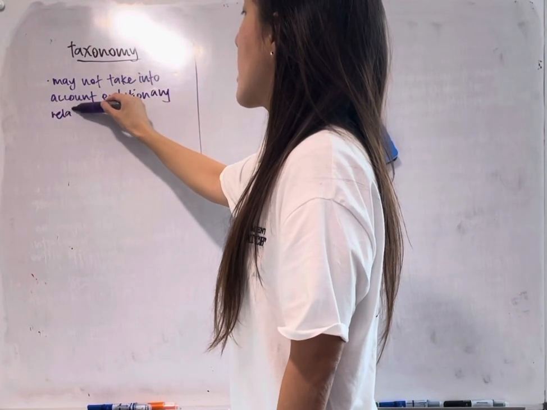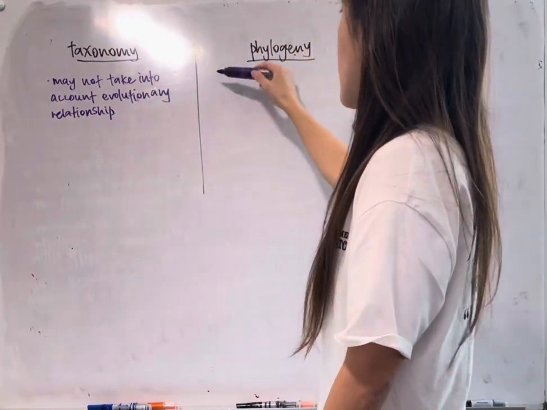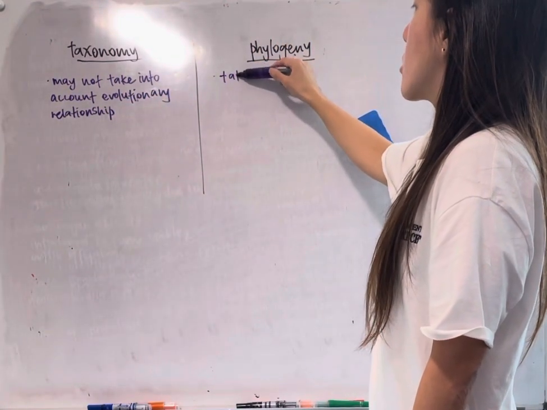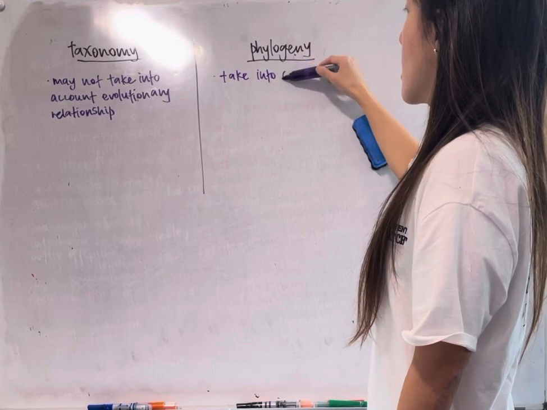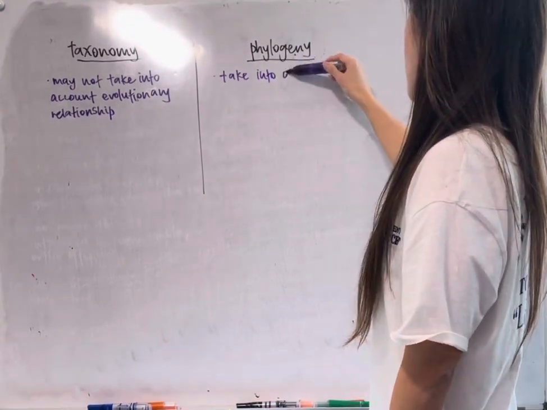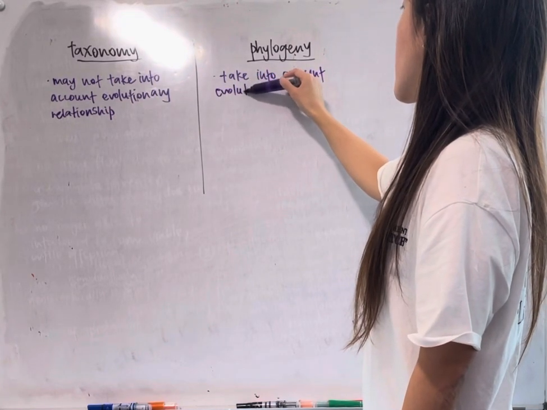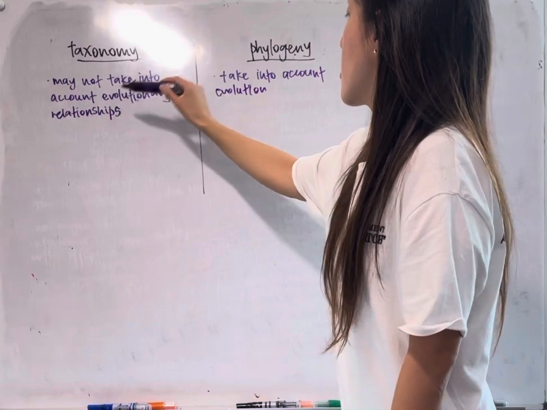That means they may not consider whether they share a common ancestor. It's just similarities. This one always takes into consideration the evolutionary relationships between species.